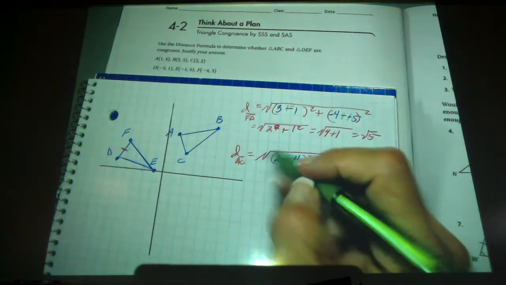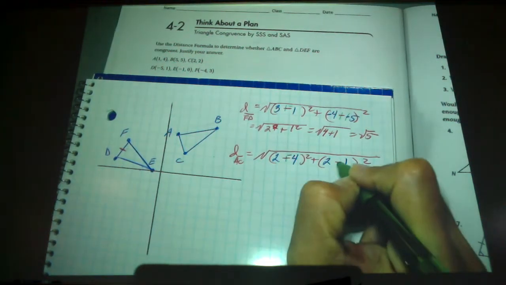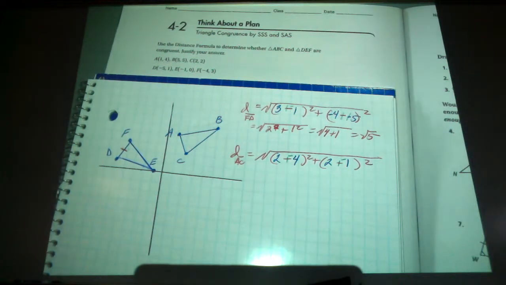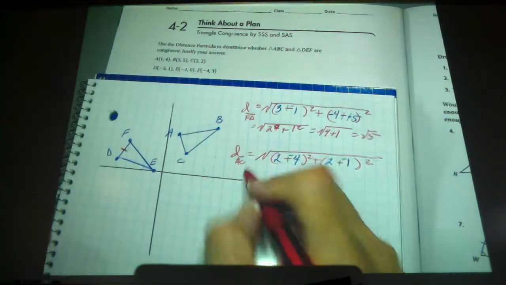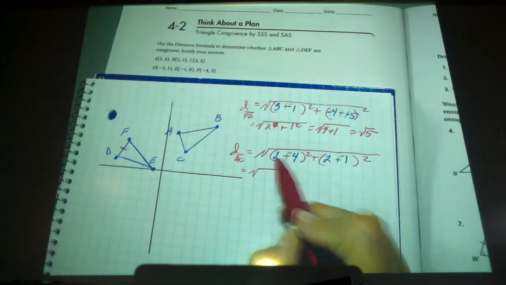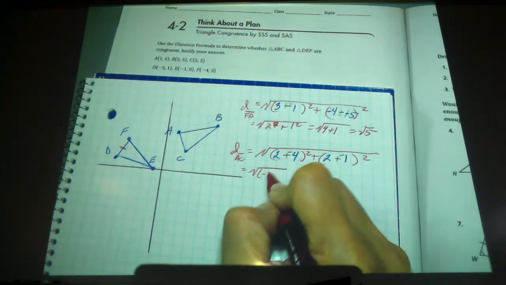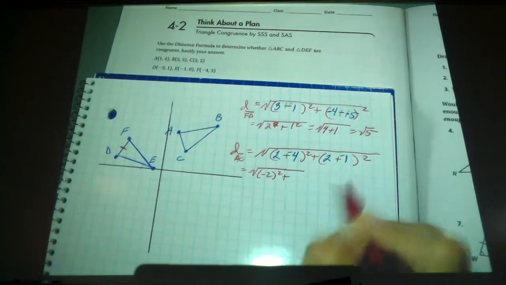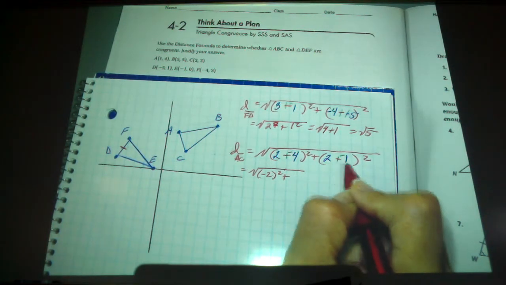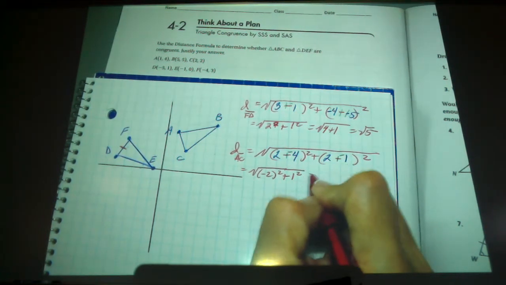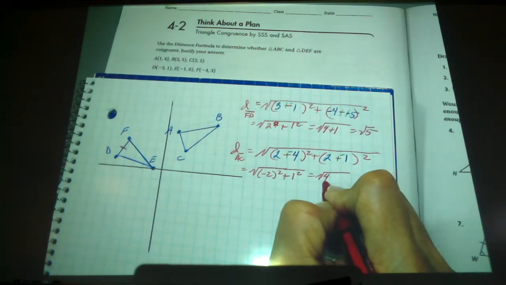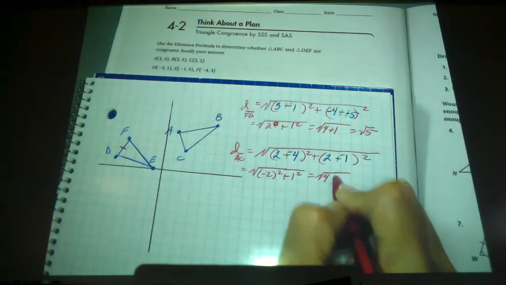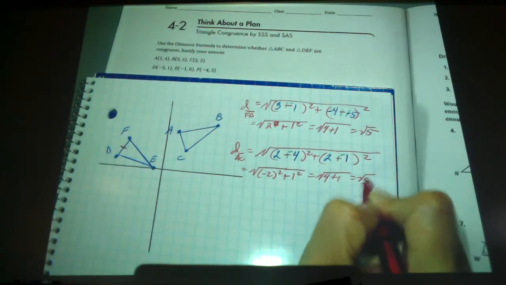If I add the opposite, plus and minus, I end up with 2 plus a -4 is -2 squared, plus 2 minus 1 is again 1 squared. -2 squared is +4, plus 1, don't we get the square root of 5?